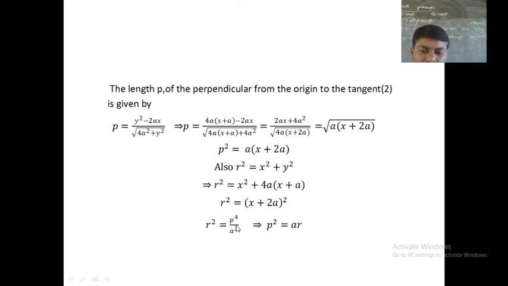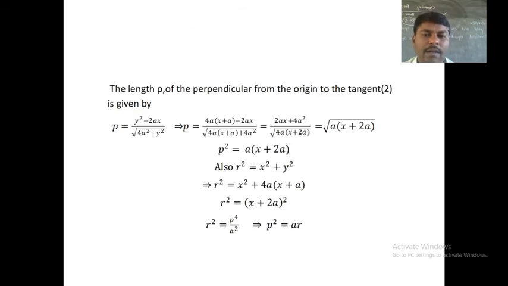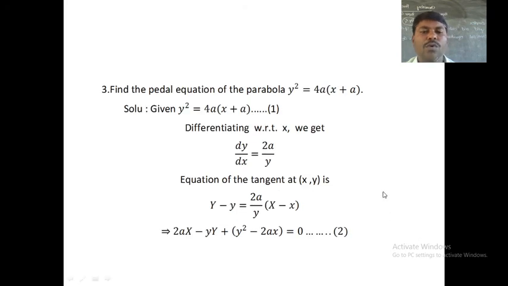This implies, so p square, here you take cross multiplication, we get p raised to 4 is equal to a square r square. That implies p square is equal to ar. So this is the required Pedal equation for the parabola y square is equal to 4a into x plus a.